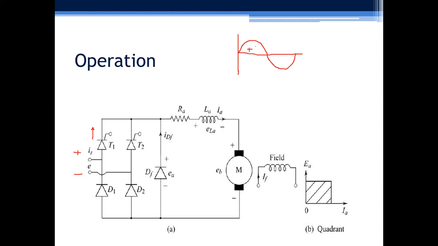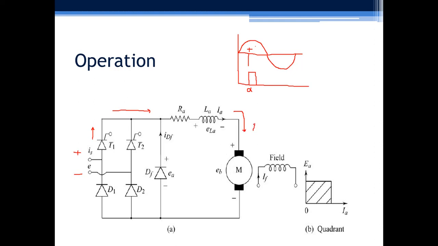If we apply the gate pulse to T1 at a certain angle alpha, then from alpha to pi, current will start flowing from the positive terminal of input supply to T1. Through T1 it goes into the load, and through the load it again comes back to the output side.